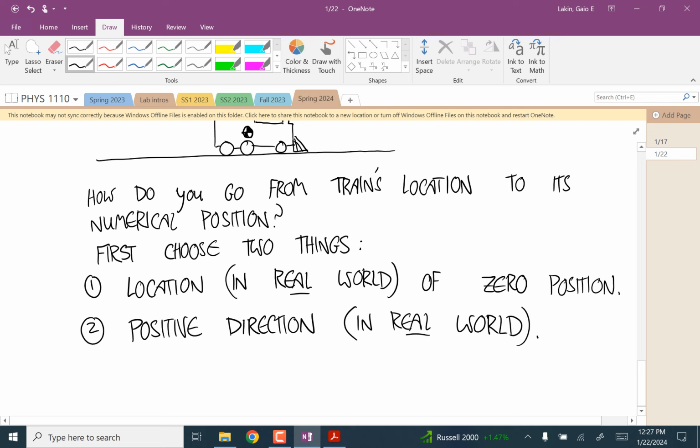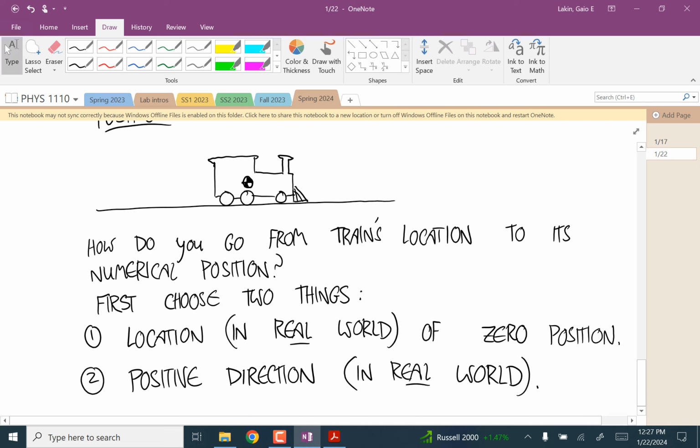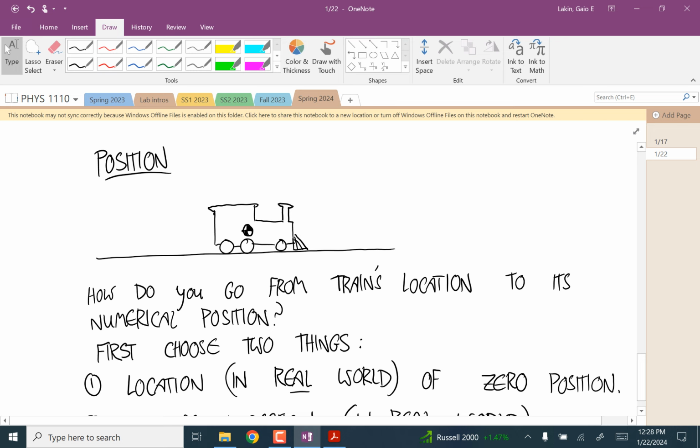We're doing one-dimensional motion, motion along a line. And so the positive direction can only be two ways, because one-dimensional motion only has two directions. So we can say positive is to the left or positive is to the right on this picture. So here is the path that the train is following.